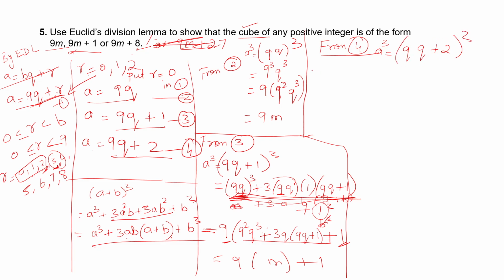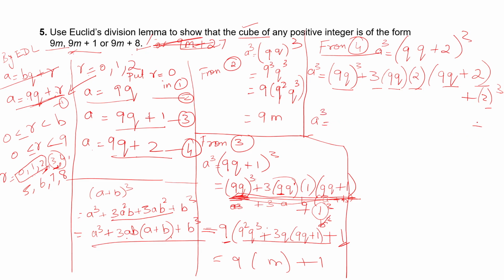Again apply the same formula, right? (9q) whole cube, a cube plus 3ab into (a plus b) plus b cube. Done. Expansion, see here, this is a cube, 3ab into (a plus b) plus b cube. Done. Okay. So a cube is equal to, now you see what should be kept as such?